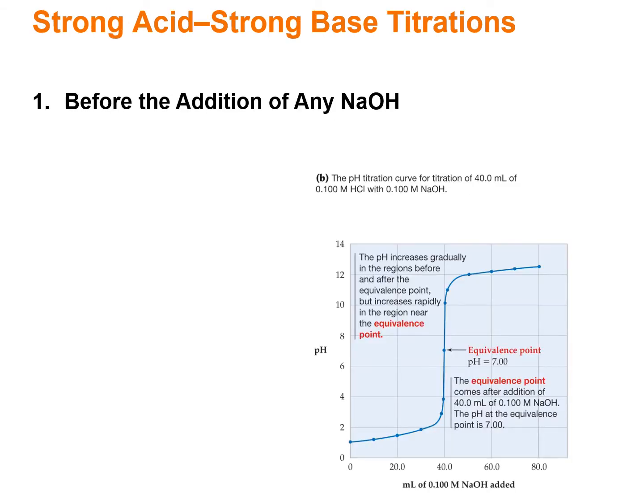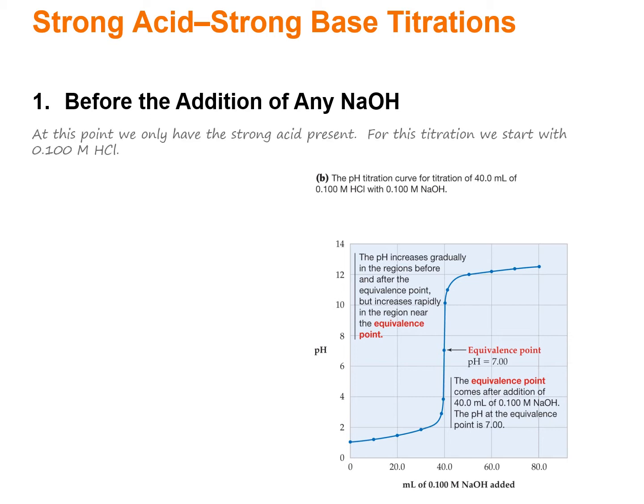So if we look at before the addition of any sodium hydroxide, that's the first point. What's our pH when we start with 40 milliliters of 0.1 molar HCl? And again, we're titrating with 0.1 molar sodium hydroxide, but we haven't added any at that moment. And so we only have a strong acid present, and we know that it's at 0.1 molar.